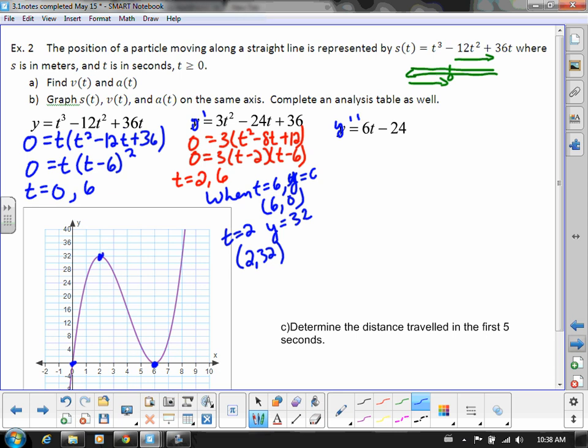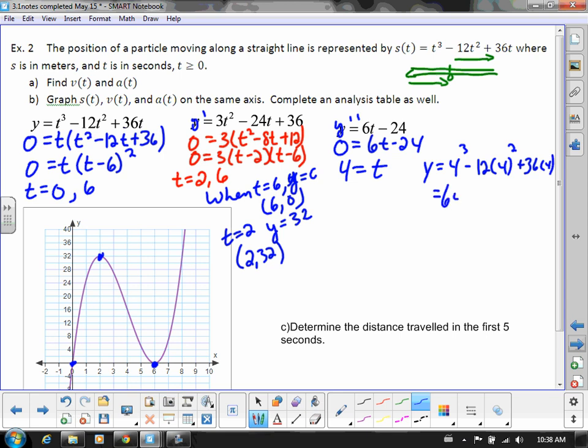There's another value that we can figure out. So here, if I find when the second derivative is equal to 0, I find 4 is equal to t. So if I were to sub in, y will equal 4 cubed minus 12 times 4 squared plus 36 multiplied by 4.